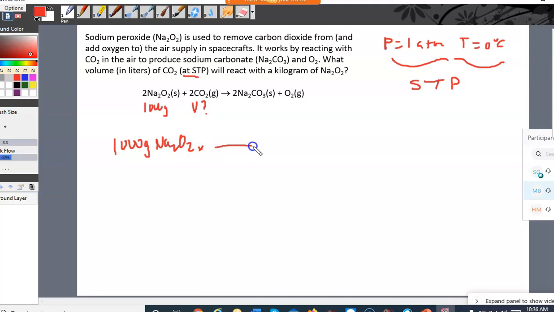And then, let's see, 46 plus 32, 78. 78 grams is to 1 mole. Again, this is the Na2O2. And then it's a 2-to-2 ratio. So I always write it, even though it's basically 1-to-1, but I still do it.